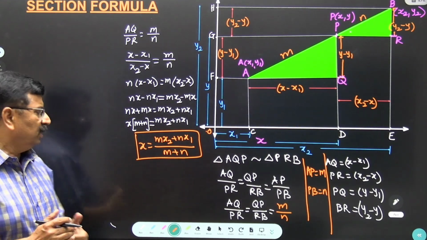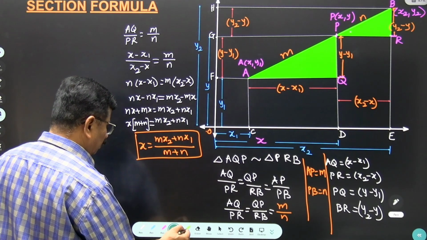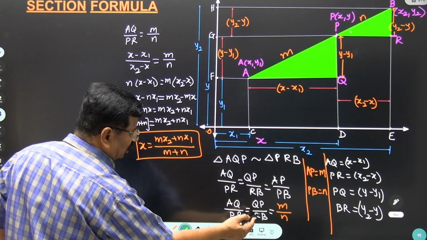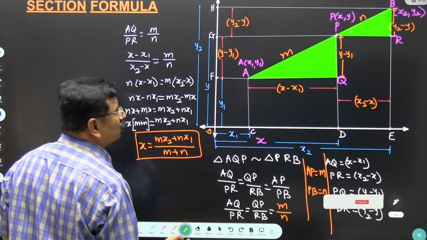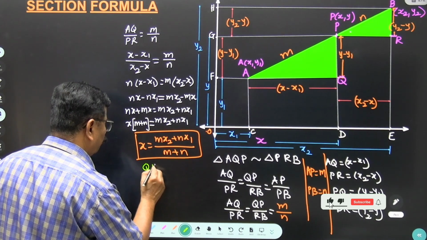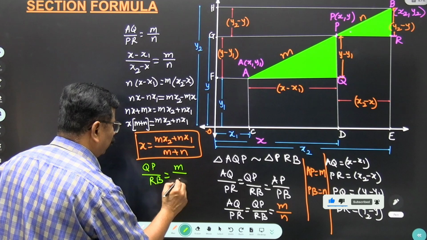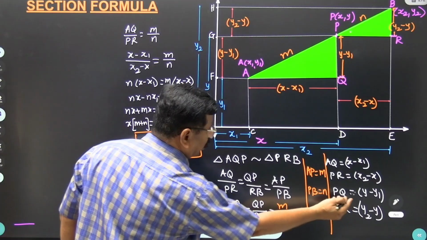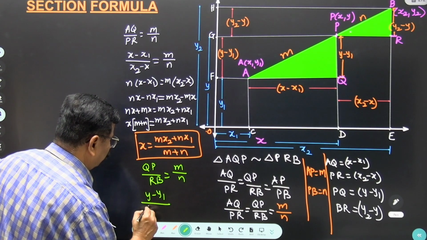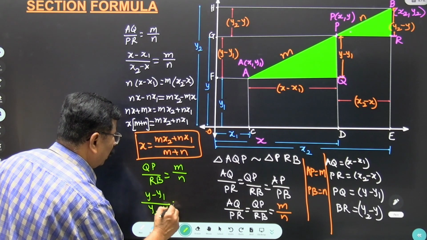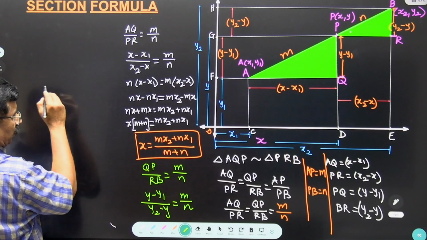Now let's find the y coordinate of this point P. To find the y coordinate, we'll have to use this ratio QP upon RB is equal to M upon N. So we will equate these two ratios. QP upon RB is equal to M upon N. What is QP? PQ, that is y minus y1 divided by y2 minus y is equal to M upon N. So cross multiply this.